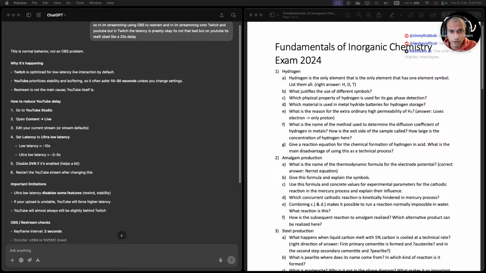There's one live going on. View live control room. Stream settings. Enable DVR, or should I enable that? Disable. Okay. Stream latency. It's not working. What do I do? How do I change it?